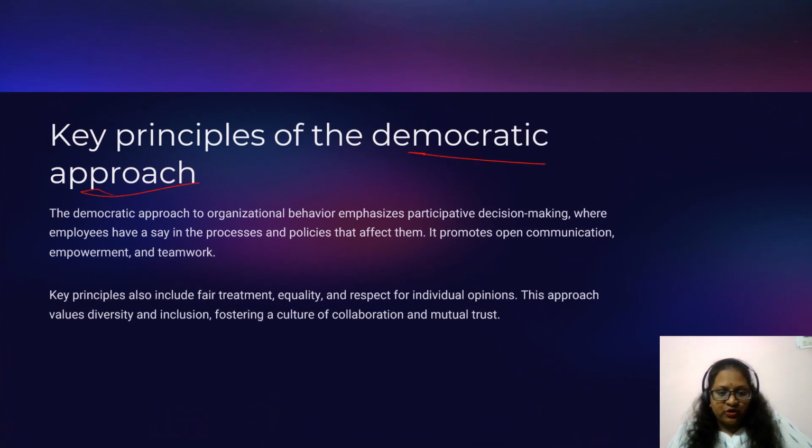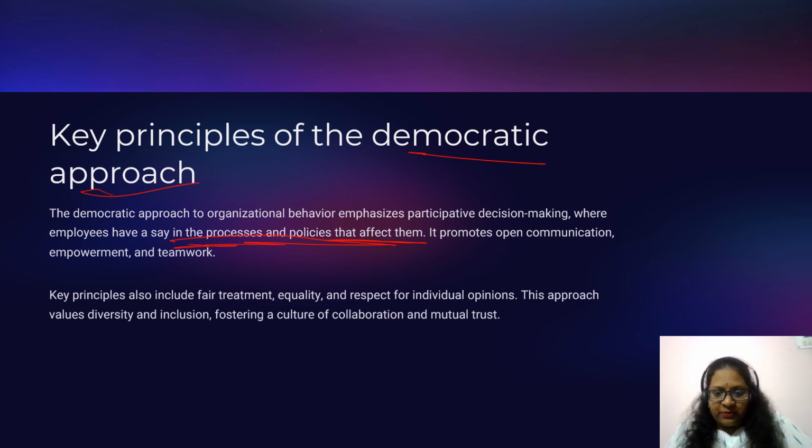The democratic approach to organizational behavior emphasizes participative decision making, where employees have a say in the processes and policies that affect them, where employees can openly come up and say what is affecting them, what they are feeling, how they want to be in an organization. They can easily come and tell their feelings.